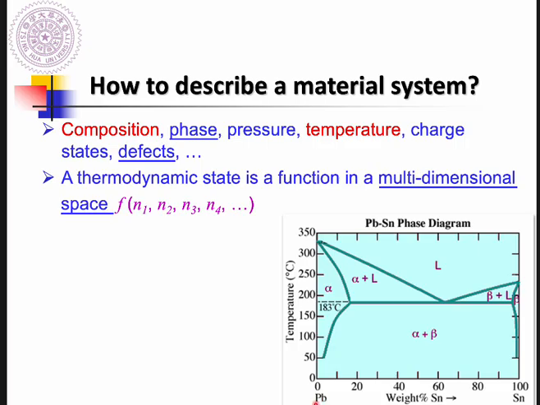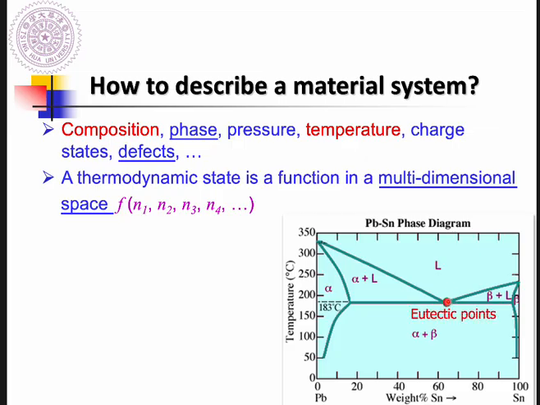So we have 100% lead here and 100% tin here. So any point inside this phase diagram is under equilibrium condition and also defined by thermodynamics.